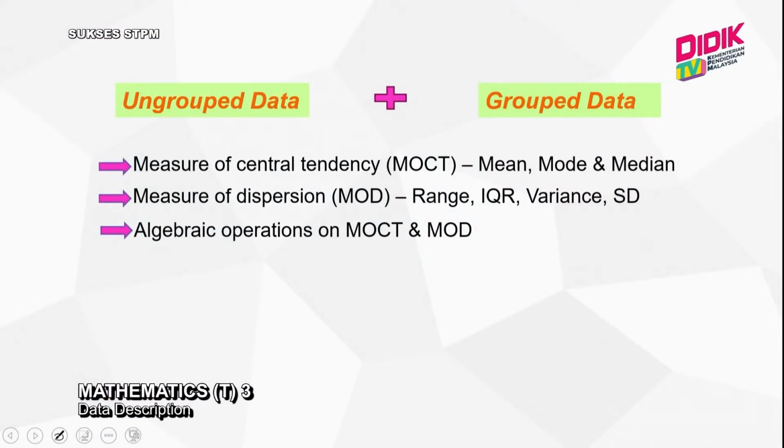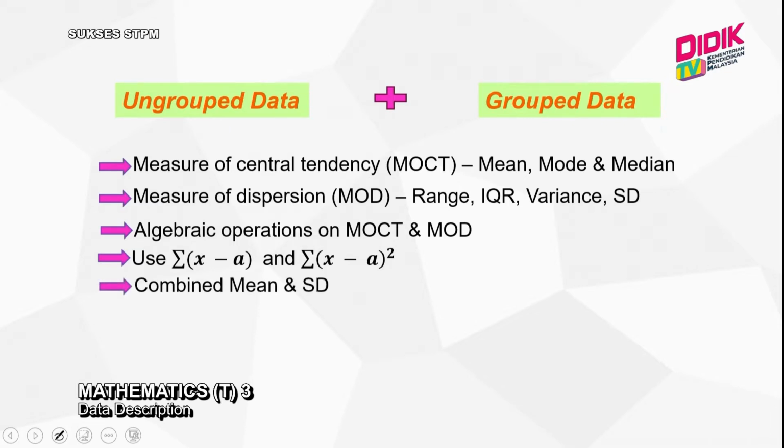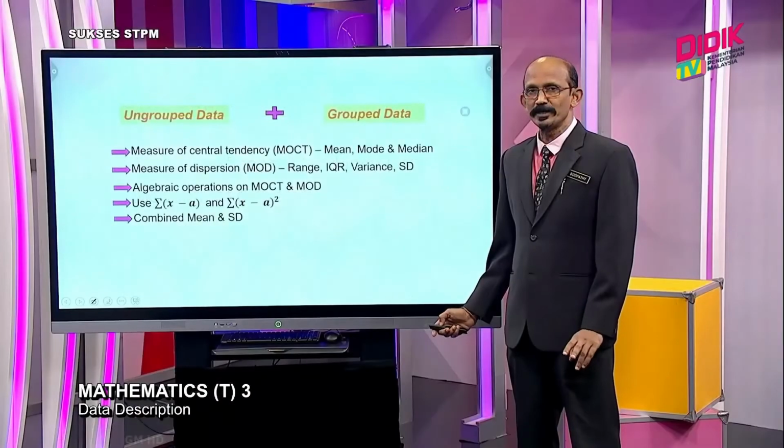Next, you have to calculate standard deviation and mean by using sum of x minus a and sum of x minus a squared, and calculate combined mean and standard deviation for a combination of 2 or 3 sets of data.